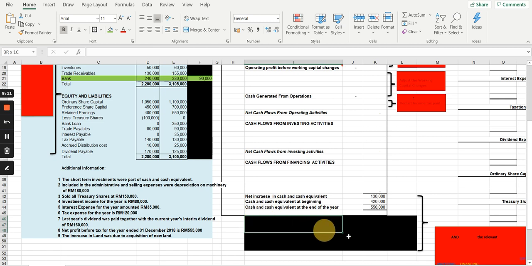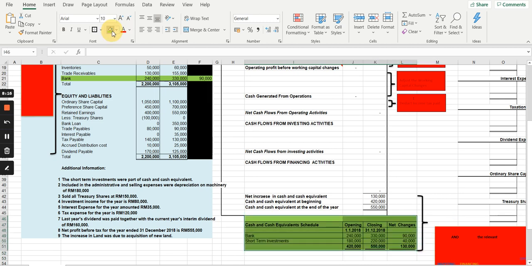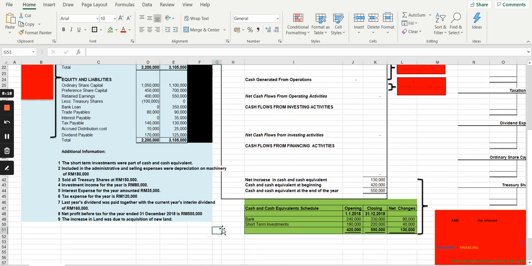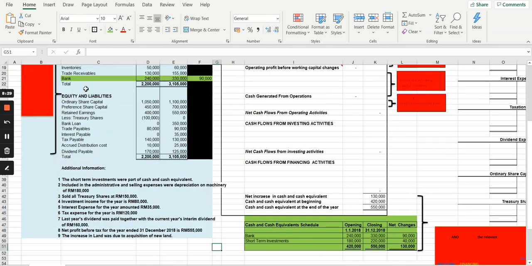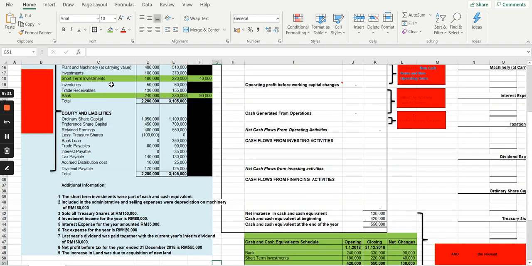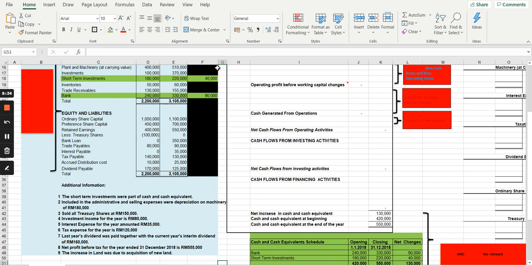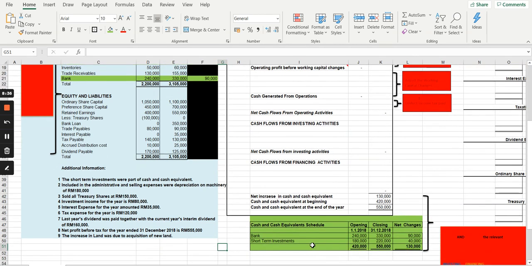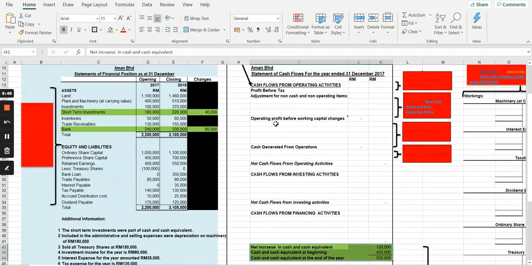I've also prepared for you the cash and cash equivalent schedule at the bottom here, where you can see the details of what the cash and cash equivalent are. I just copy and paste from my statement of financial position, and then I include it here. Okay, and I will now color code my statement. You can do that if you'd like to follow me, right?